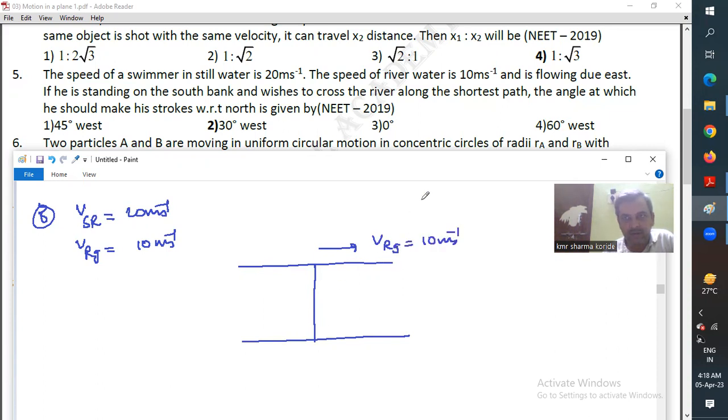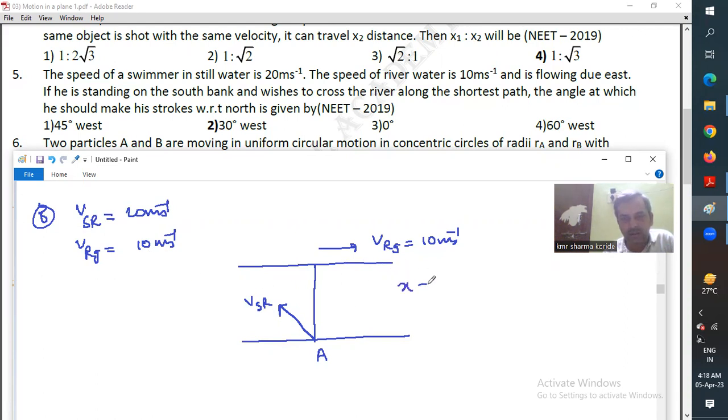So when the river is flowing due east, if he is standing on the south bank of the river at A, let us say, and wishes to cross the river along the shortest path. So shortest path means what? You have to start moving in a slightly opposite direction. So this should be VSR. The angle at which he should make his strokes with respect to north is given by the basic formula.